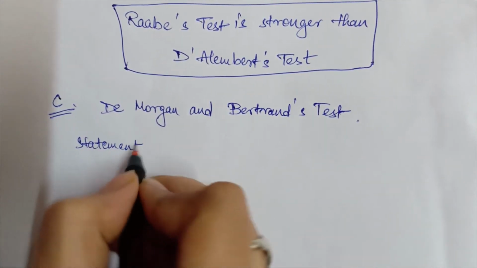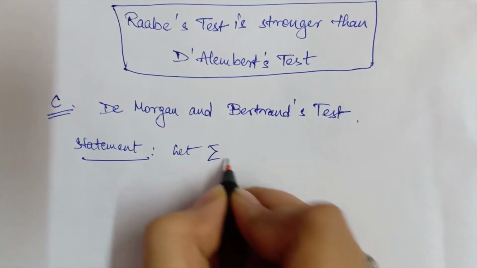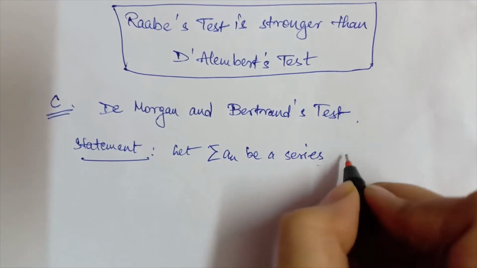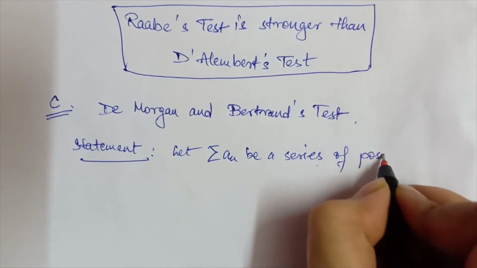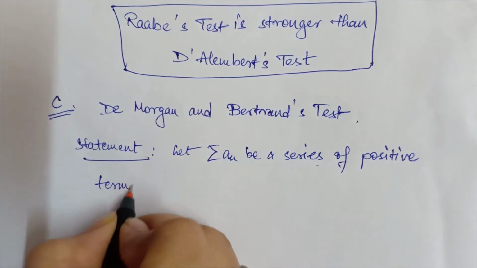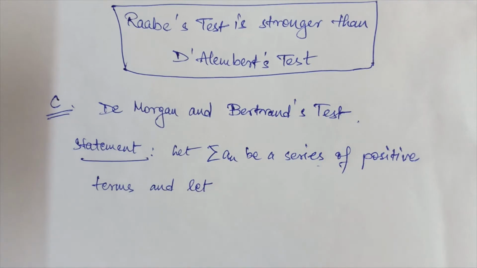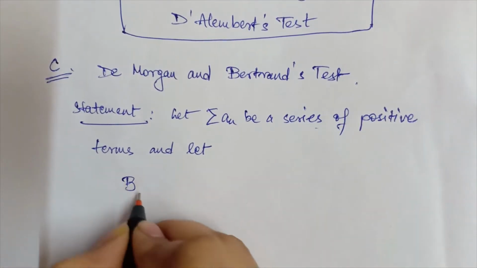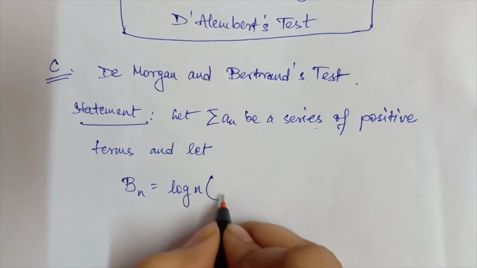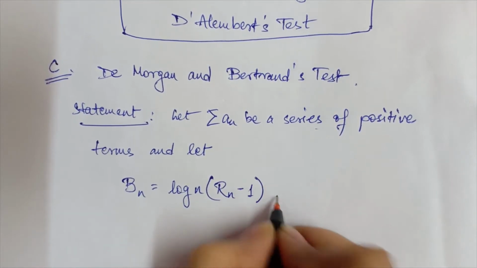Its statement is, let summation an be a series of positive terms and let Bn equal log n within brackets (Rn minus 1).